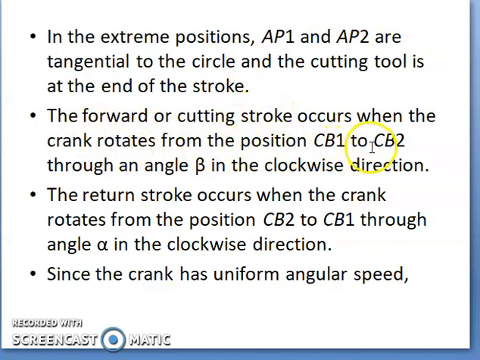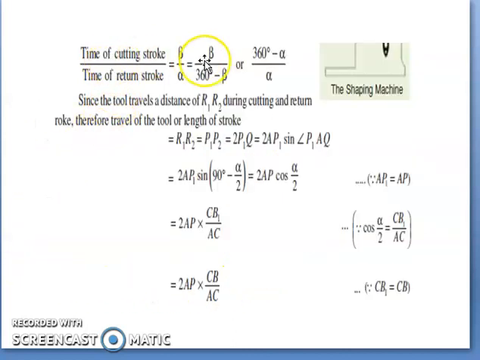As already discussed, it moves from CB1 to CB2 and travels through an angle beta in the clockwise direction. For the return stroke, it travels from CB2 to CB1 through an angle alpha. Since the crank has uniform speed, the time taken for the cutting stroke by the time taken for the return stroke will be a function of their angles, beta by alpha. You can also write alpha as 360 minus beta.